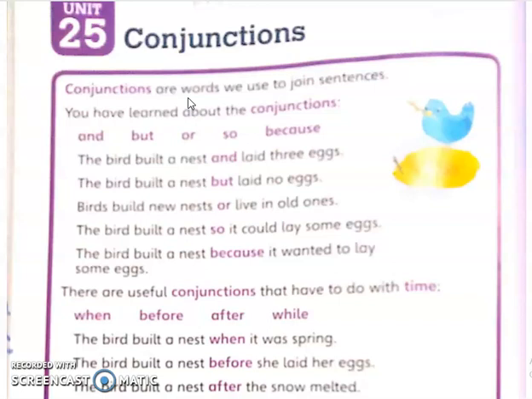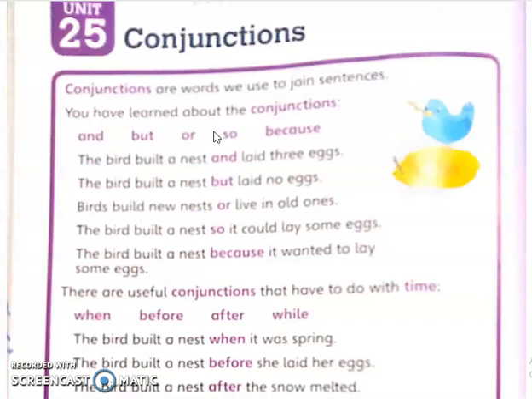Basically, there are three types of conjunctions: coordinating conjunctions, correlative conjunctions, and subordinating conjunctions. But here you are only going to learn some common conjunctions. In detail, you will learn them in the higher grades.